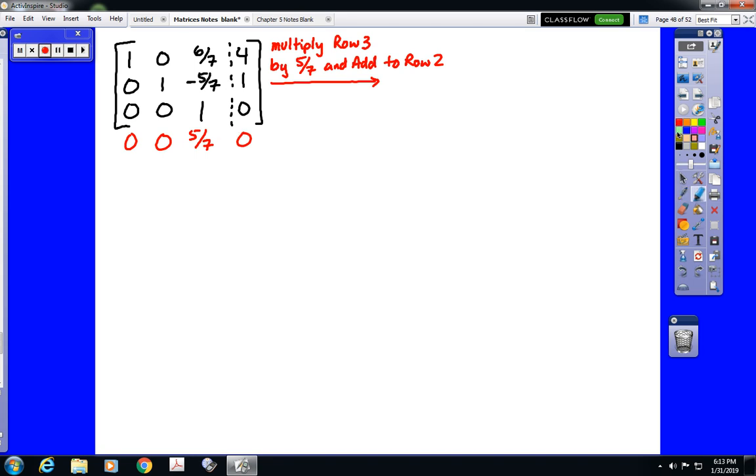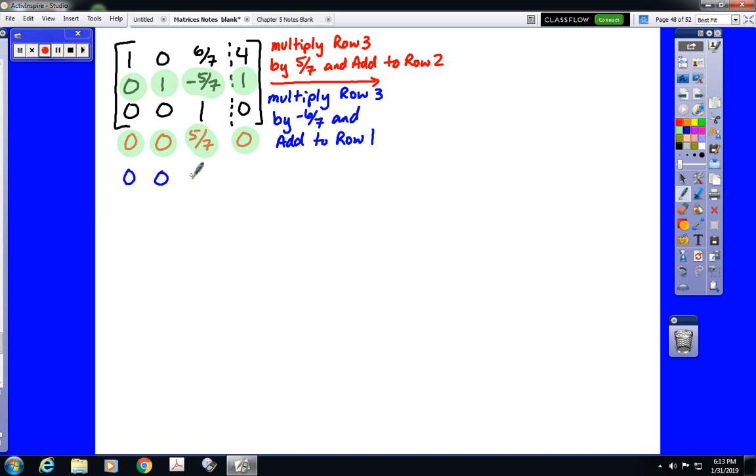And then I would add those numbers to the second row. And at the same time, I'm going to multiply a copy of row 3 by -6/7 and add that to row 1, which would be 0, 0, -6/7, 0.